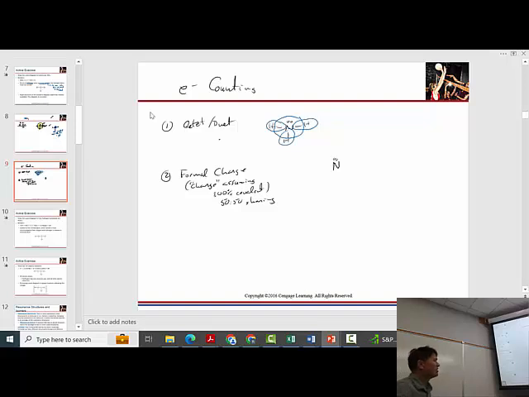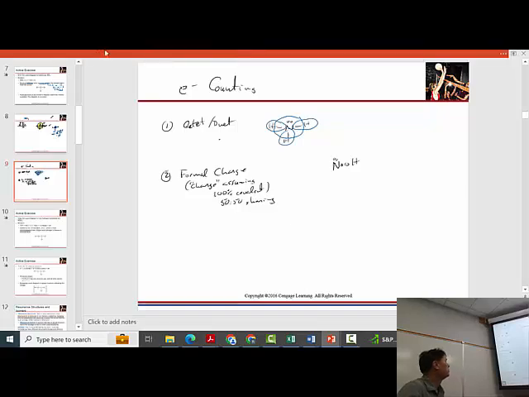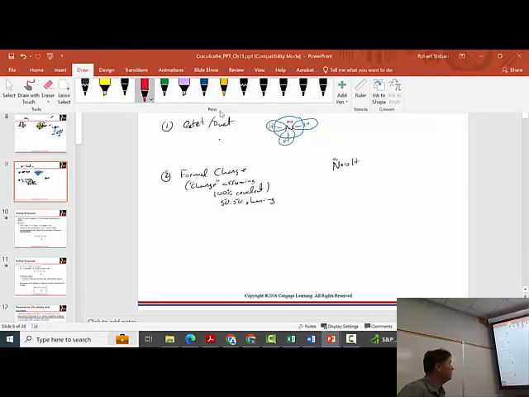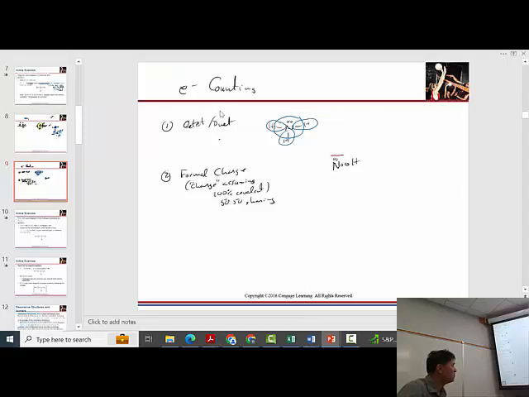So these two electrons are not shared, and those two electrons belong entirely to the nitrogen. However, we have one pair of electrons that forms a single bond to the hydrogen, and we're going to assume that it's split evenly. So these two belong entirely to nitrogen, but these two, only half of them belong to nitrogen. The other half belong to hydrogen. Is that accurate? No, it's not accurate, but it's the way we're going to do it.